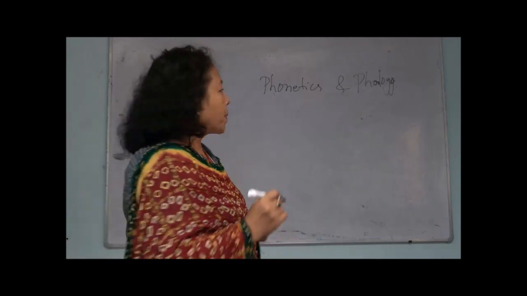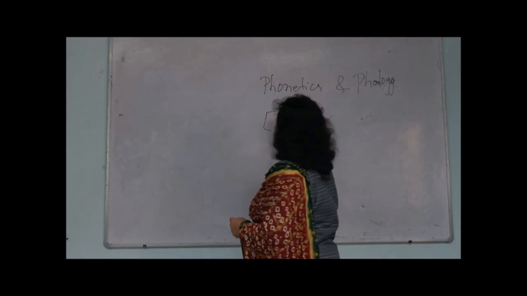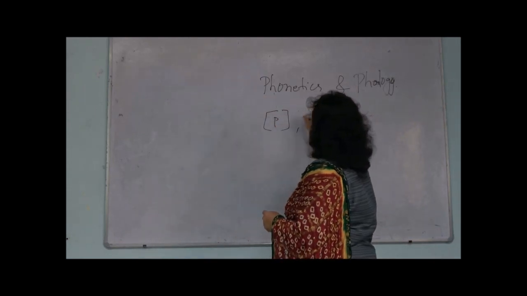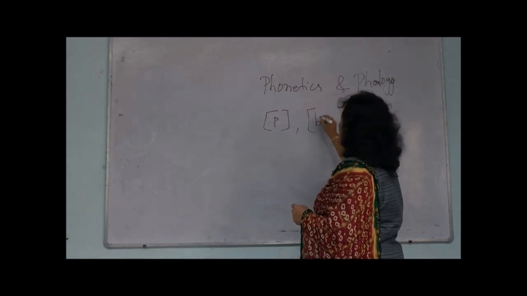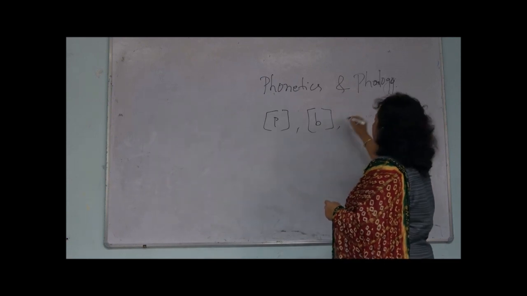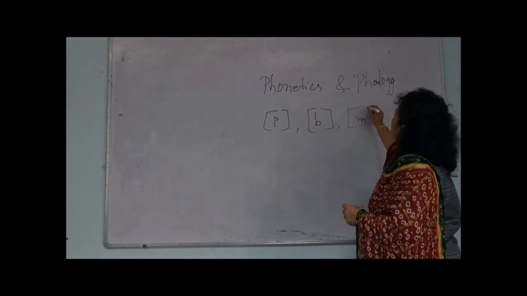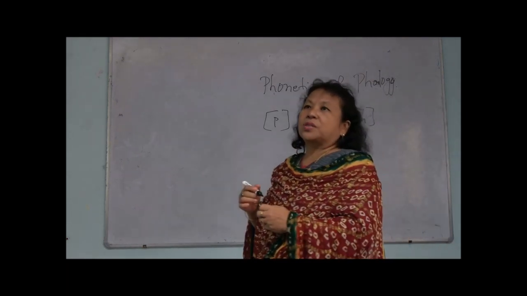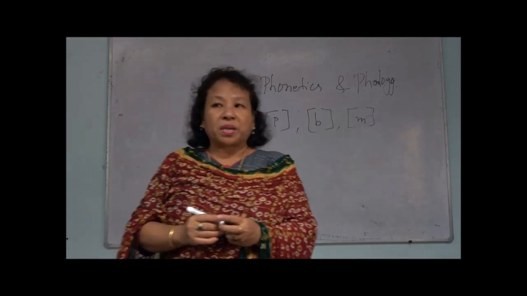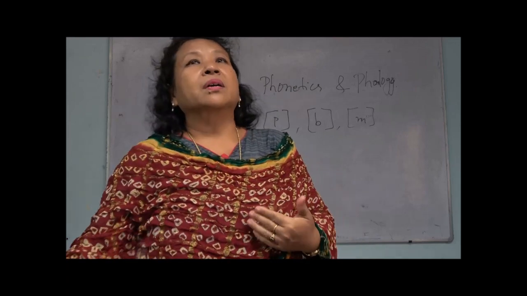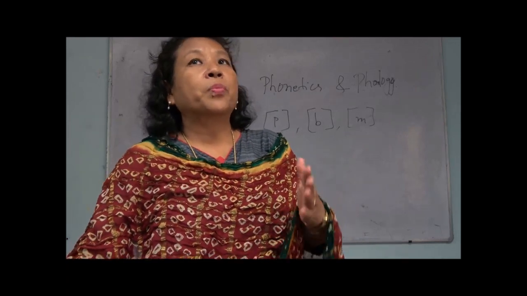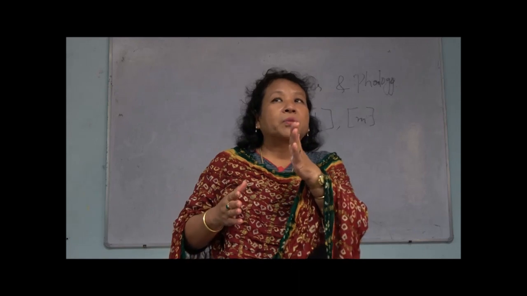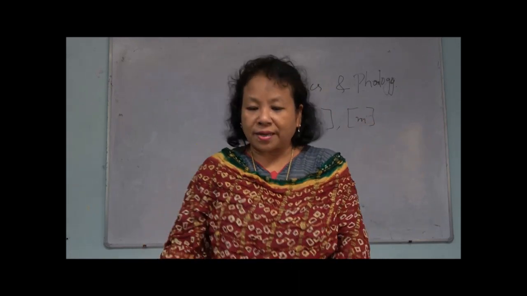So p is voiceless bilabial, b is voiced bilabial, and m is bilabial and it is a nasal stop, because these are sounds created when the air passes through the velar port and then passes through your nostrils, right?